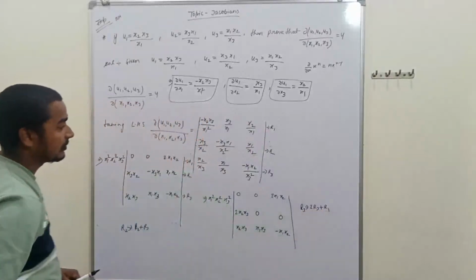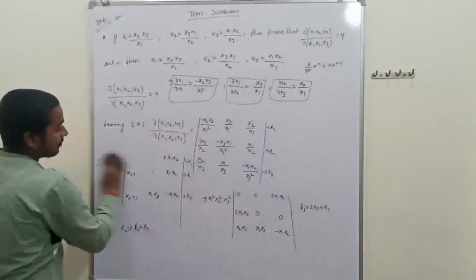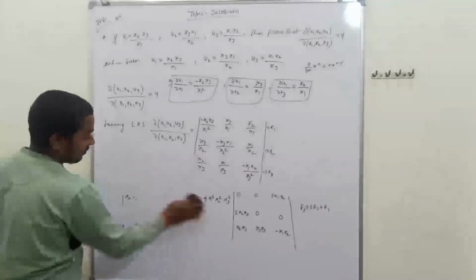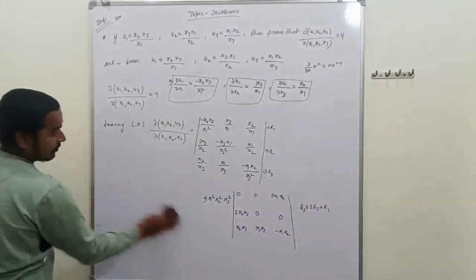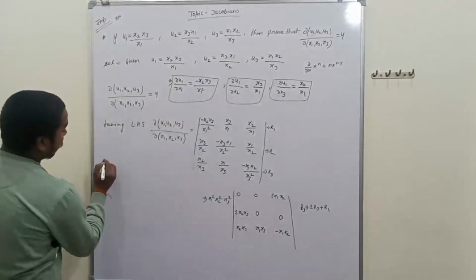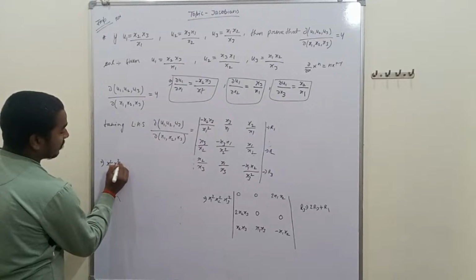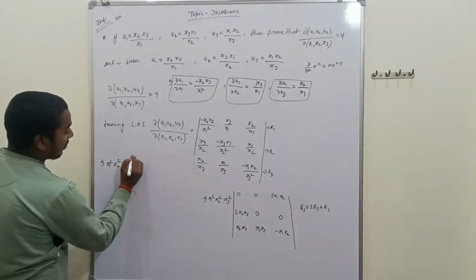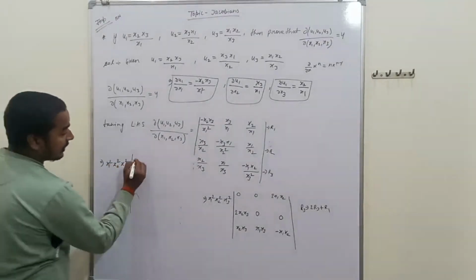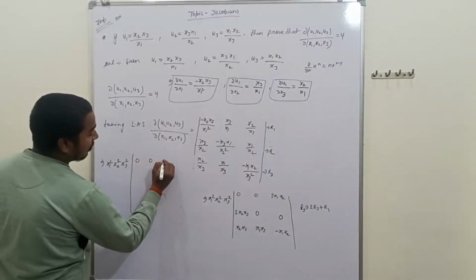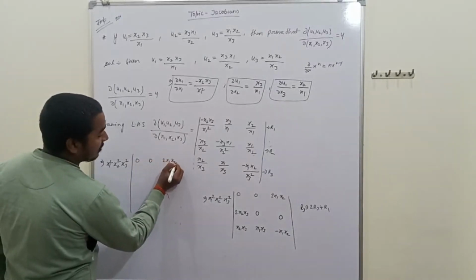Then the first row is unchanged, that is x1 squared x2 squared x3 squared determinant, first row 0 0 2 times x1 x2.